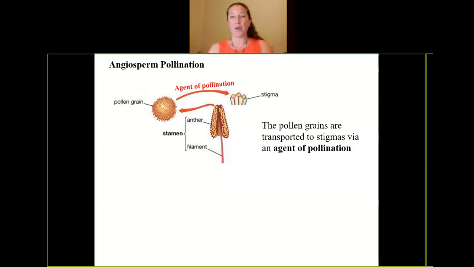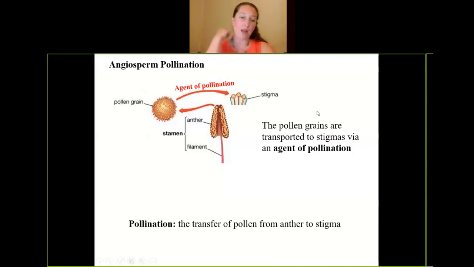Wind is the primary agent of pollination in the gymnosperms, although you do sometimes have insects in the cycads. But in flowers, there's a lot of different types of agents of pollination. So remember, in angiosperms, pollination is when you have the pollen grain go from the anther to the top of the stigma. Boom, pollination done.